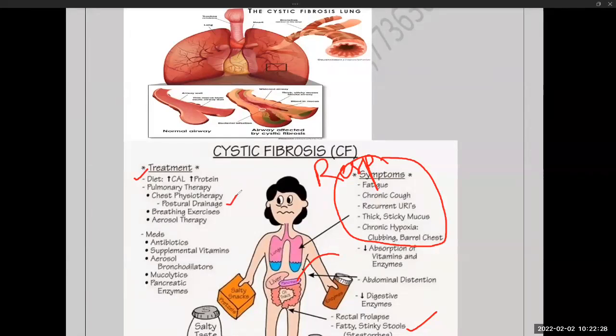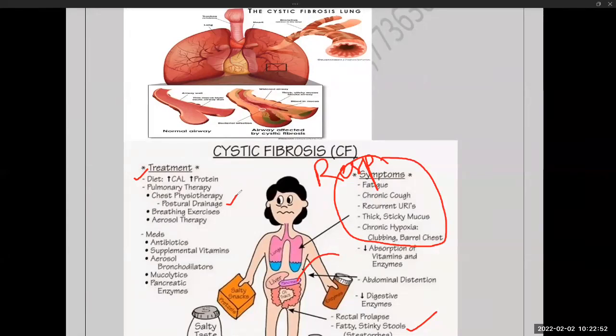What is postural drainage? By providing different positions, you will be removing the secretions from the lungs. Fine. And breathing exercise, aerosol therapy. What is aerosol therapy? It is nebulization or using a puff.